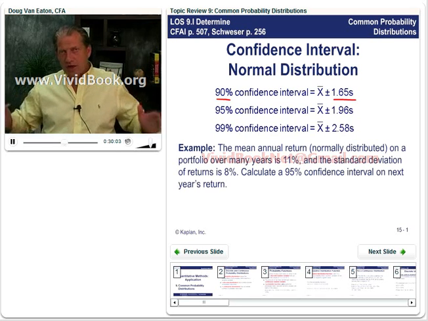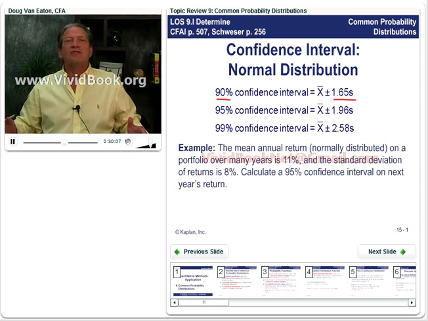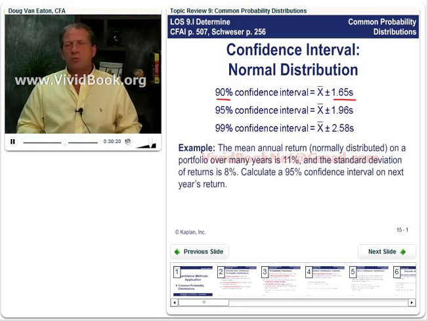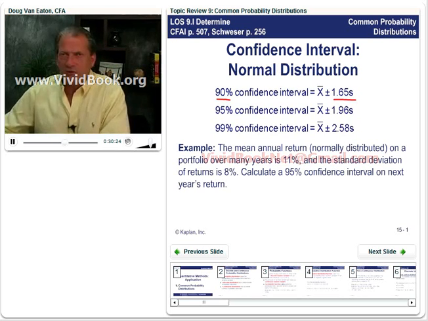And if we want to capture 99% of that distribution, that is, leave 0.5% in each tail, then our interval is from minus 2.58 standard deviations below the mean to the mean plus 2.58 standard deviations. So whatever that comes out to in numbers.